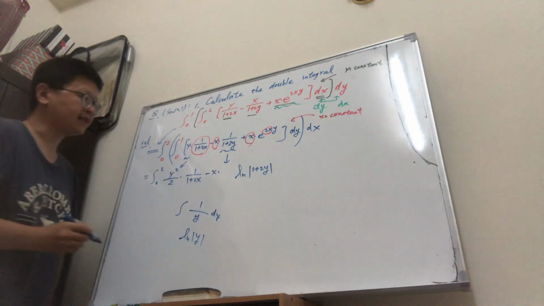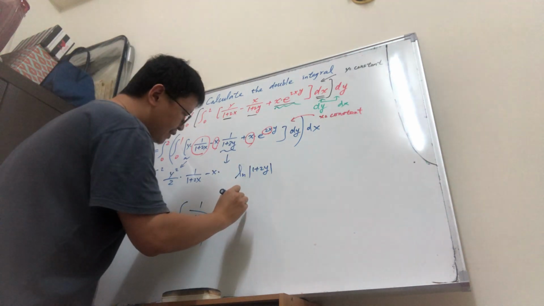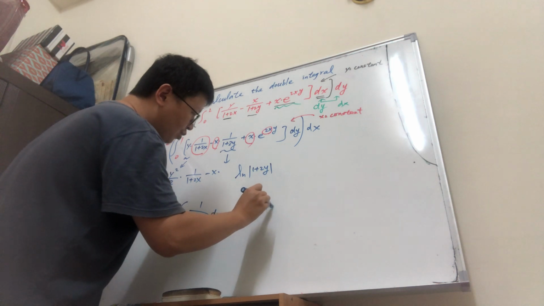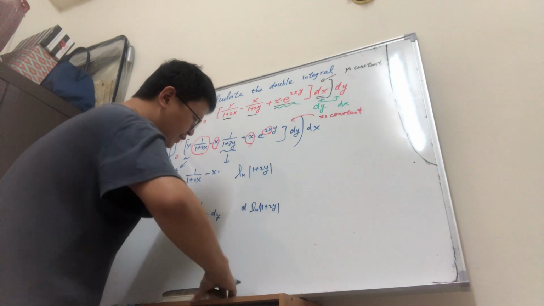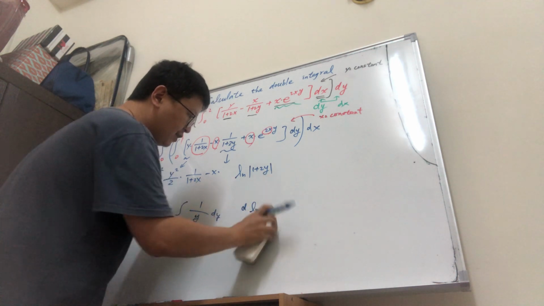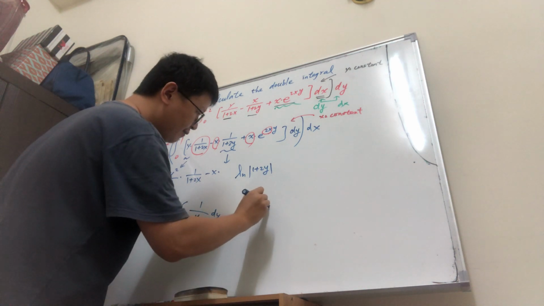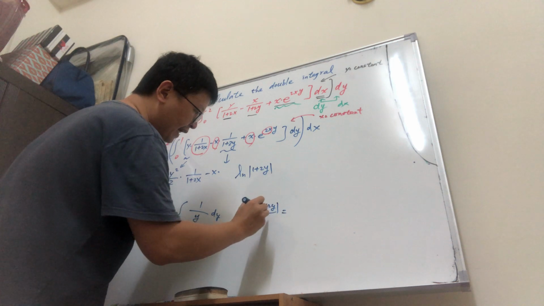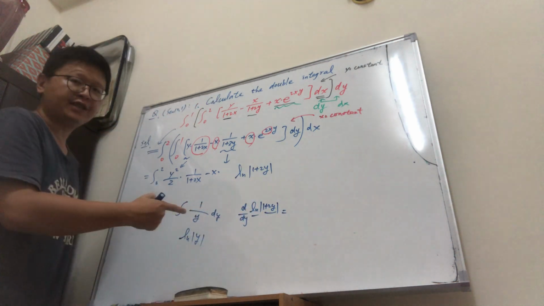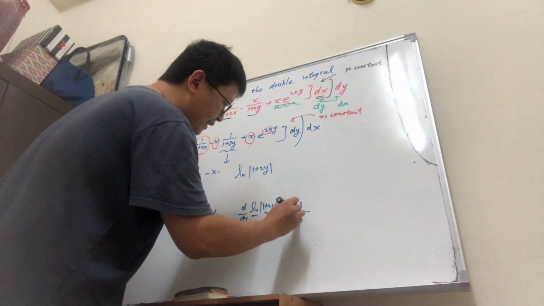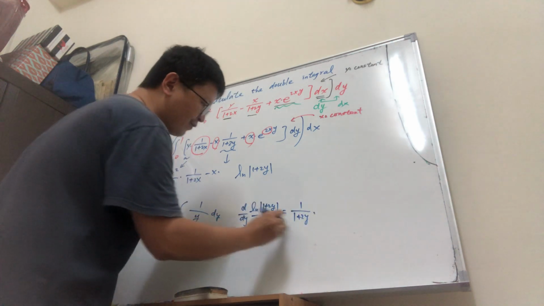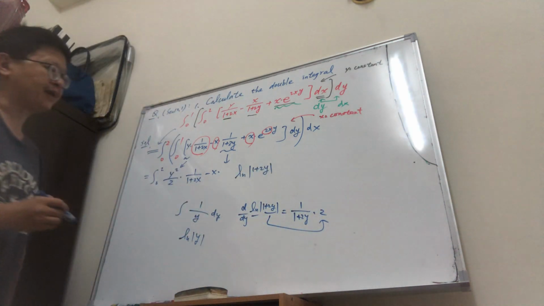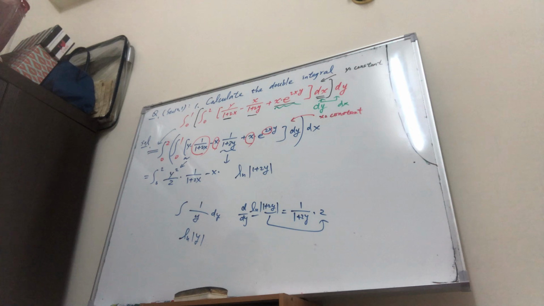But if you consider natural log of 1 plus 2y, its derivative, what will you get? Inside, outside. The derivative of the outside function is 1 over inside, multiplied by the derivative of the inside function, 2.